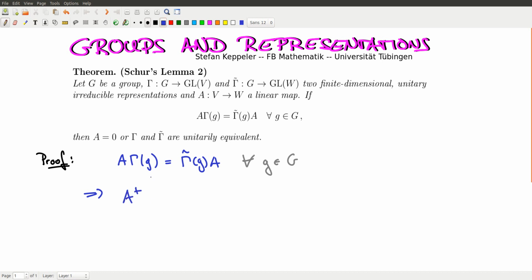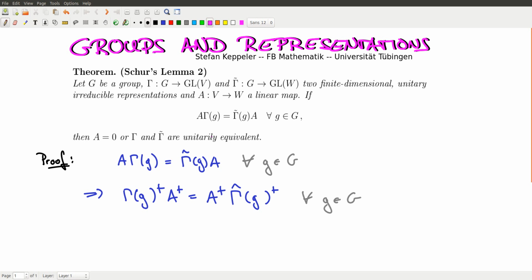Hermitian conjugation turns the order around. So we have gamma of G dagger times A dagger is the same as A dagger times gamma tilde of G dagger. And this is true for all G.